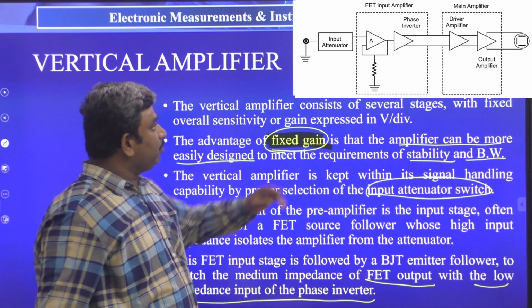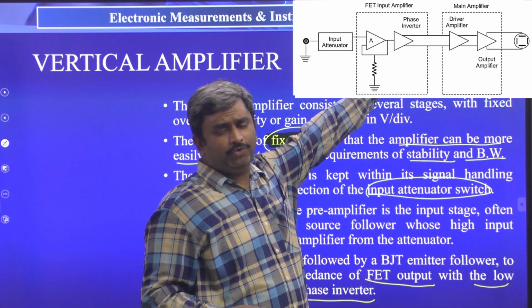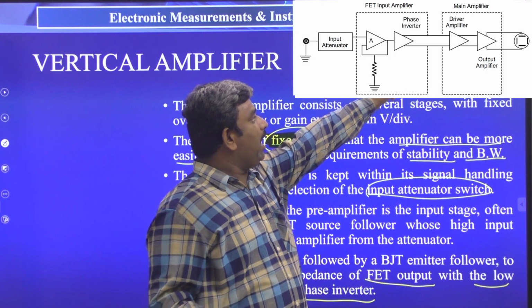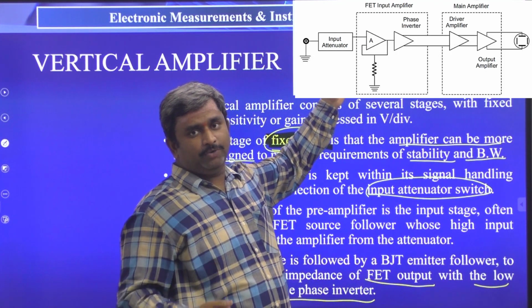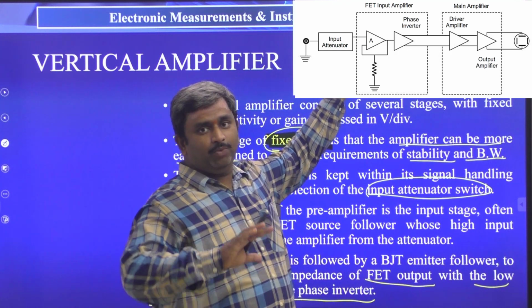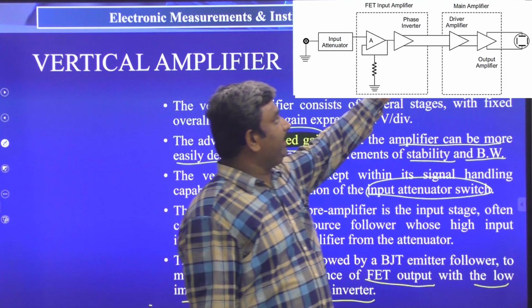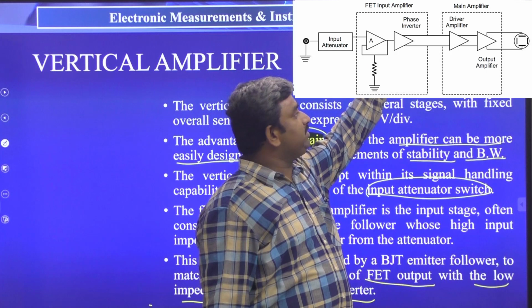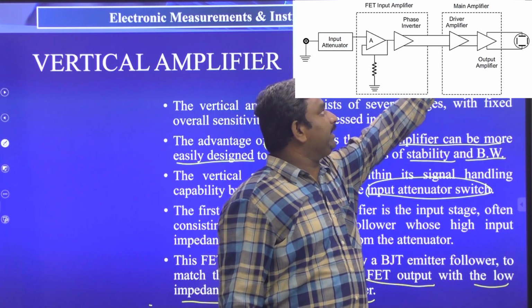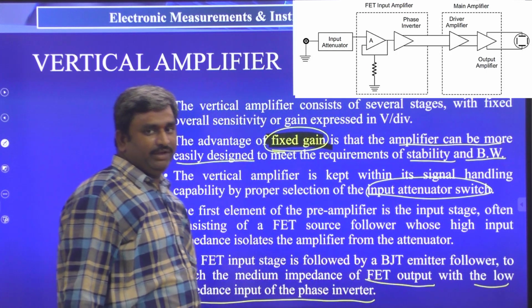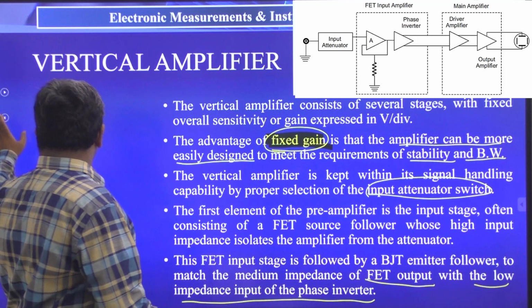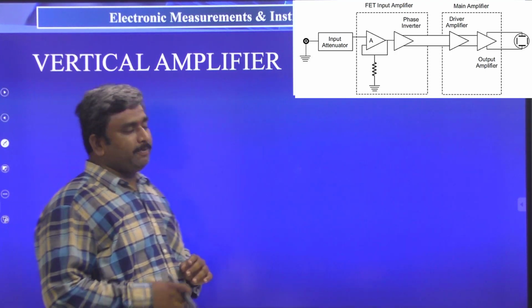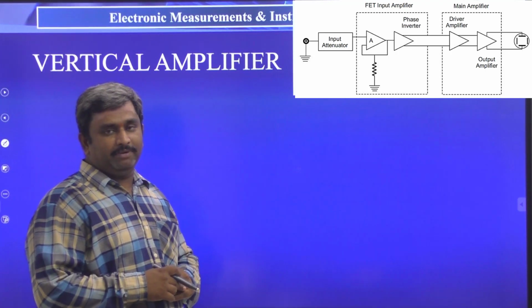Whatever the low or high input voltages or impedances we are getting, we modify them moderately, and from this phase inverter output, this information can be connected to the driving amplifier. That is the major purpose of the FET amplifier and main amplifiers.